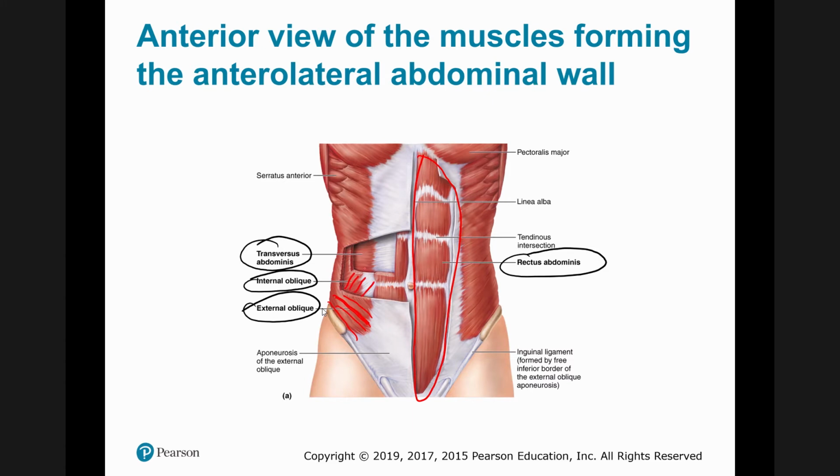So you have 3 layers. External oblique is the outer layer. Underneath we have internal oblique. Underneath that we have transverse abdominis, which is kind of straight. Together, the internal oblique and external oblique help you twist your abdomen, so you can move it around.